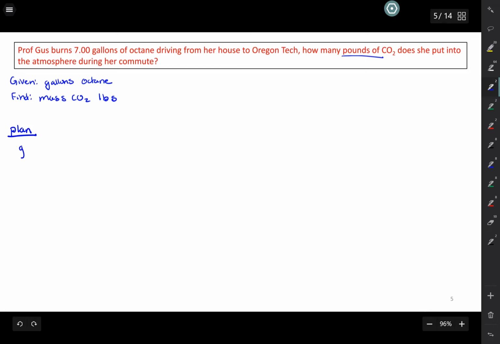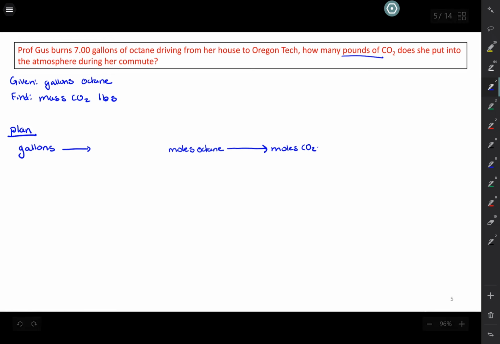So somehow, if we can get from gallons to moles of octane, then for moles of octane, I can use that stoichiometric ratio to get to moles of CO2, like we did in the previous example.